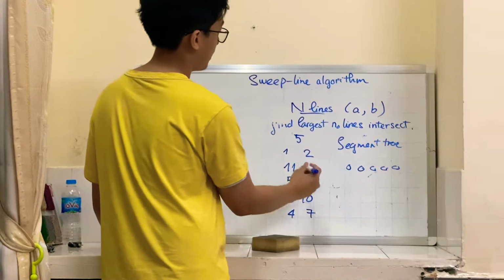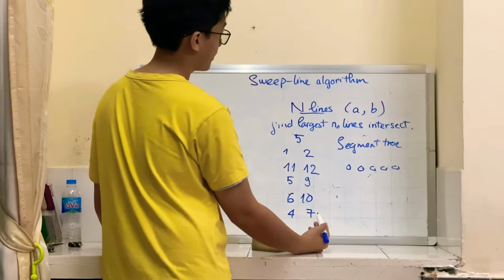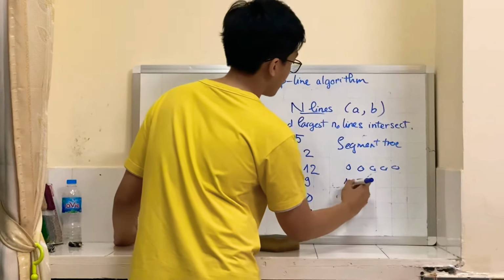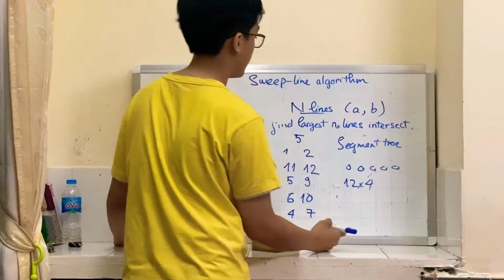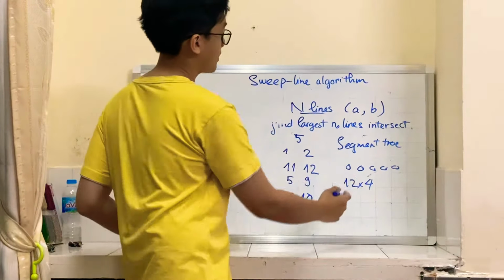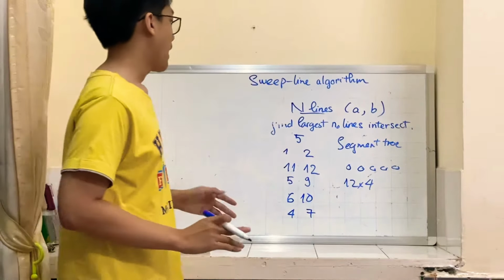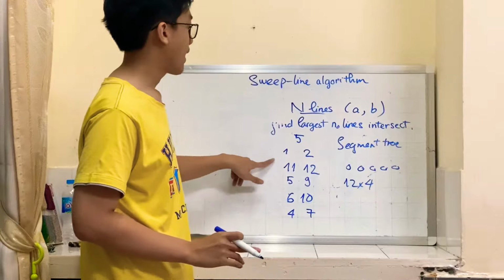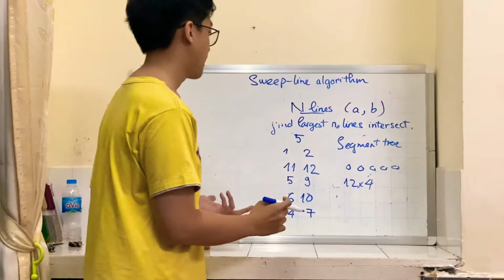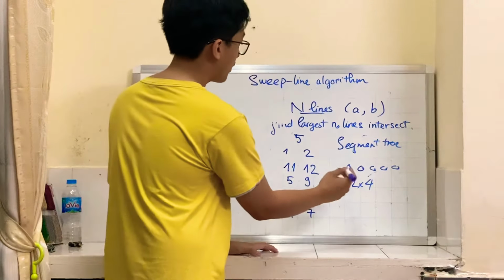For example, with this example, the size of the segment tree will be 12 times 4. We initialize the segment tree with value 0. And then for each line, we query a segment, and using lazy propagation, we increase the value.